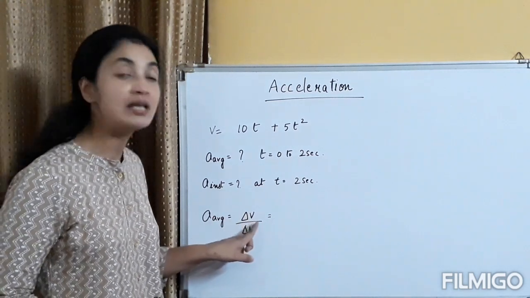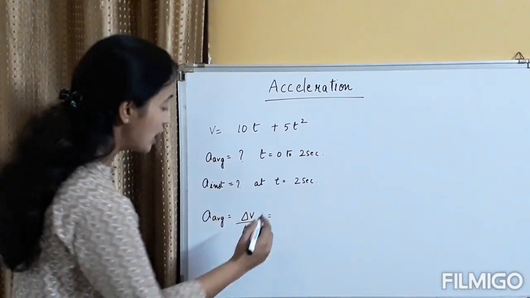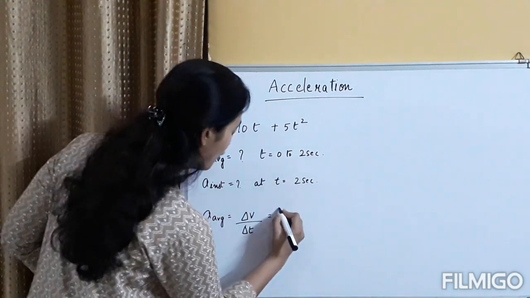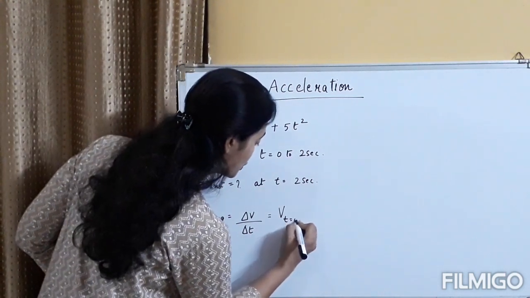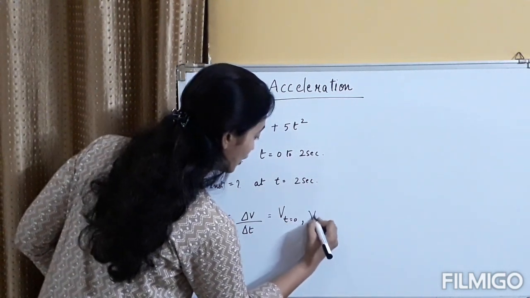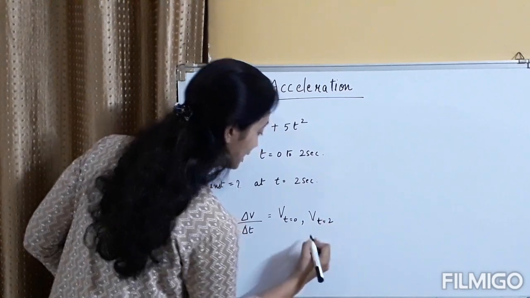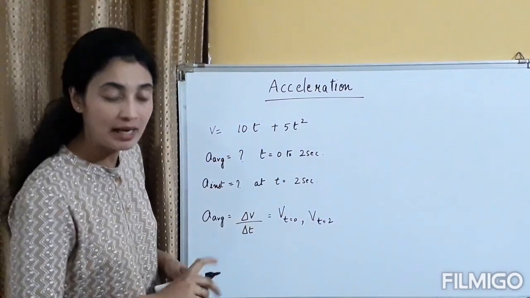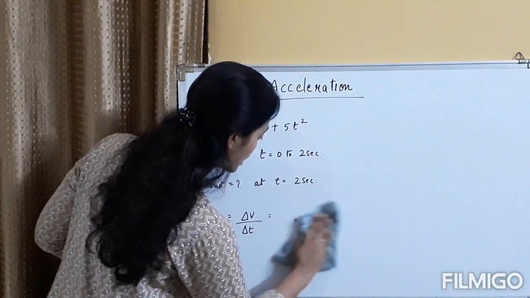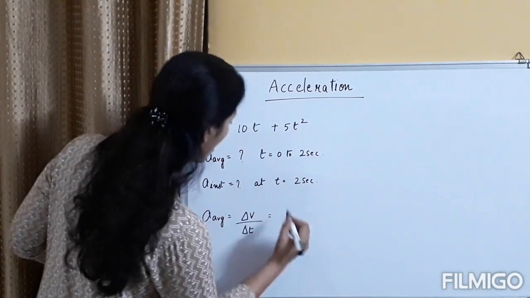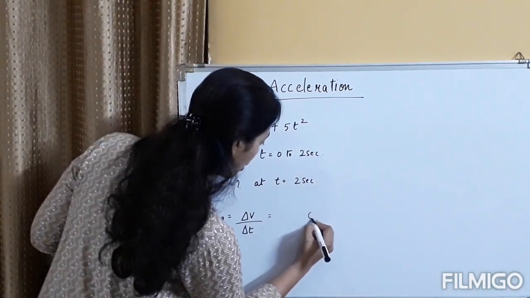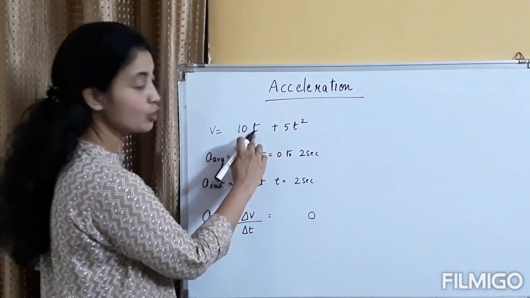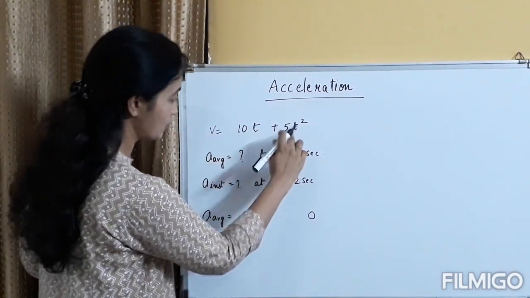You know that it is change in velocity upon time. For the change in velocity, you have to find the velocity at t equal to 0 and the velocity at t equal to 2 seconds, and then find the change. Velocity at t equal to 0 is 0, because when I put t equal to 0 here I get 0 and here also 0.